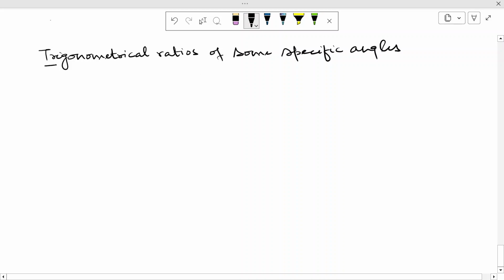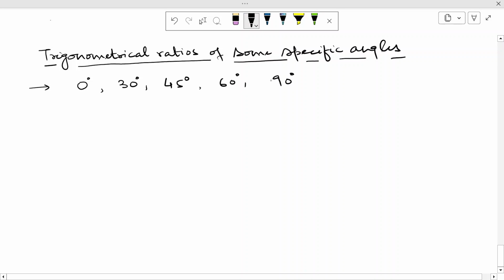In particular, we will discuss the values of different trigonometrical ratios of 5 angles. So, we have to consider 0 degree, 30 degree, 45 degree, 60 degree and finally 90 degree.